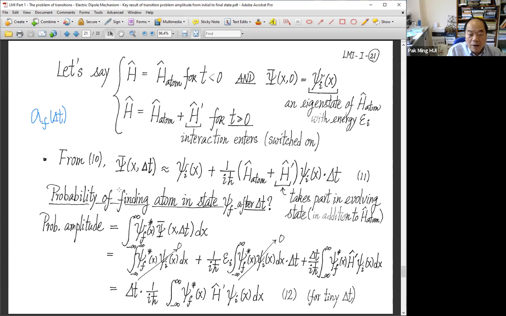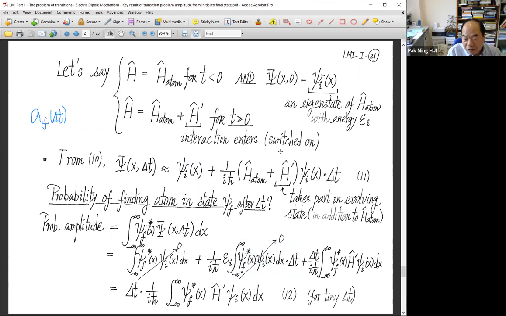Now, if I do this on this line, the first term vanishes because eigenstates of the atom are orthogonal. Even this term will give us an eigenvalue, which is a real number, and then phi I. This again will be 0.